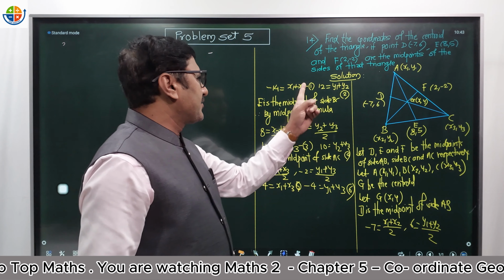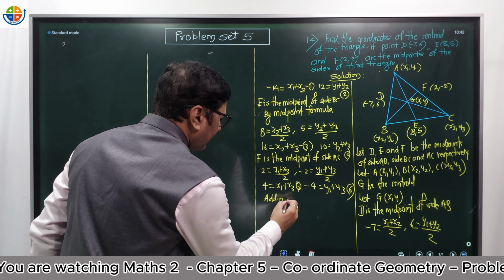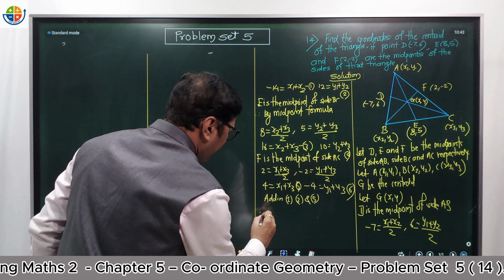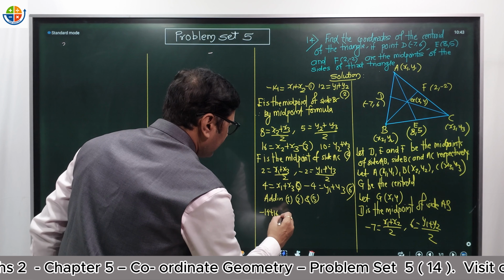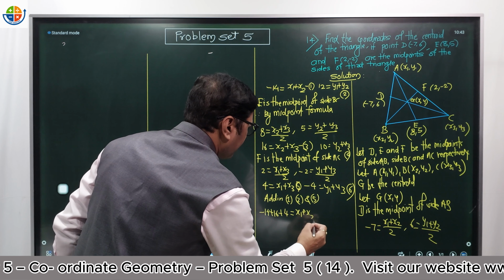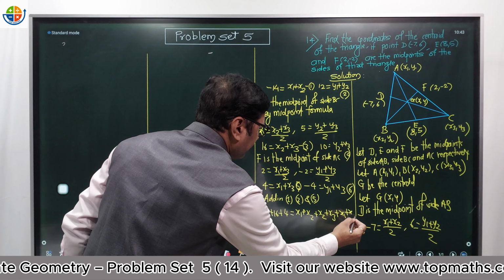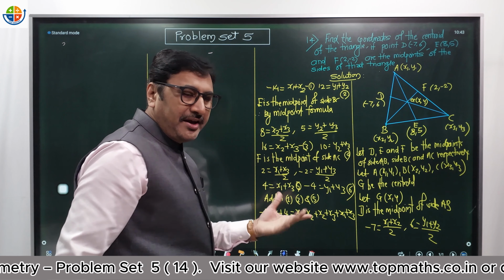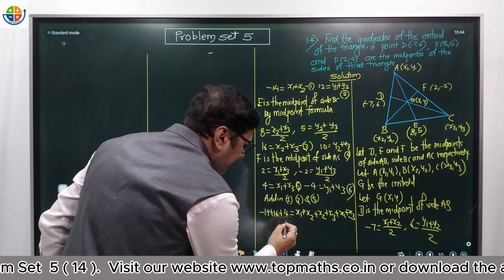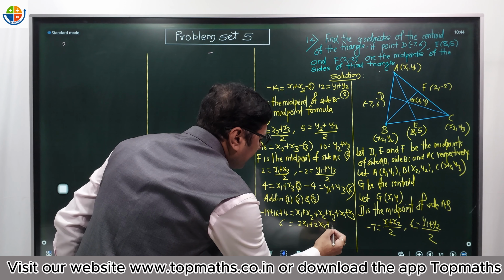बच्चों adding equation 1, 3 and 5. You will get -14 plus 16 plus 4 is equal to x1 plus x2, x2 plus x3, x1 plus x3. 1, 3 और 5 का मैंने एडिशन किया. 16 minus 14, 2. 2 plus 4, 6. 6 is equal to 2x1, 2x2, 2x3.